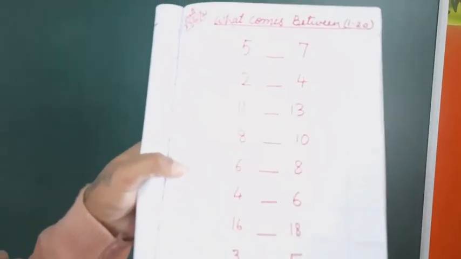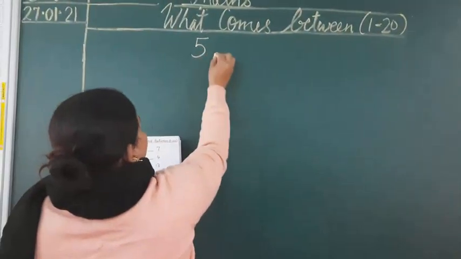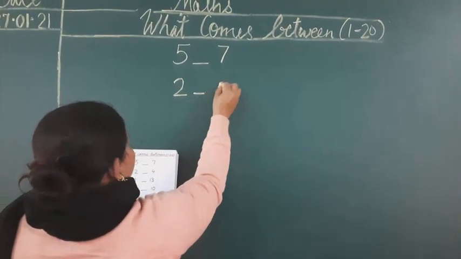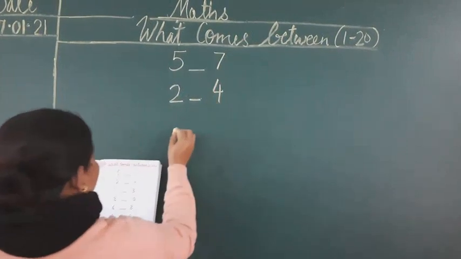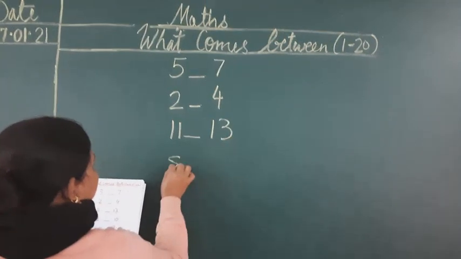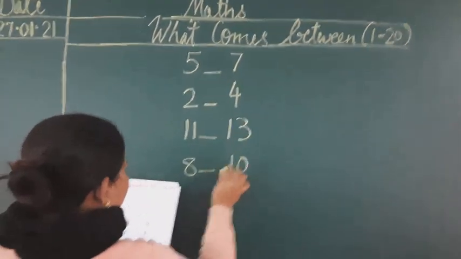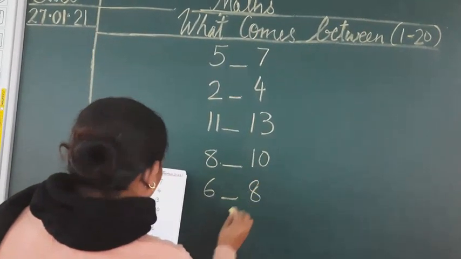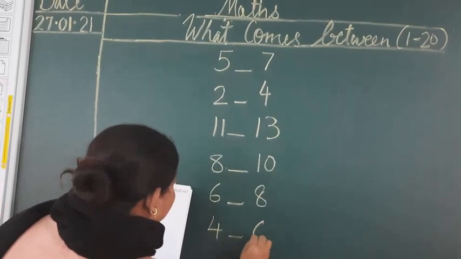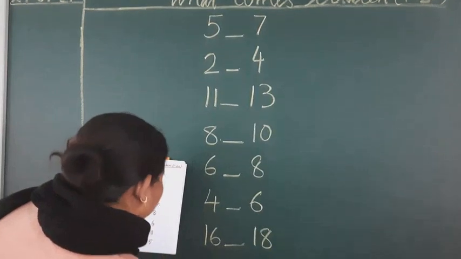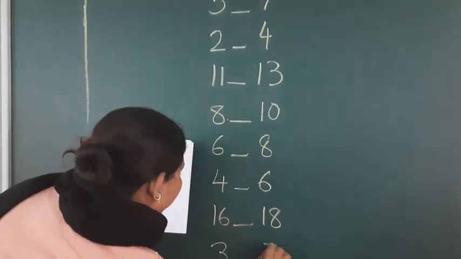Now here I will give you 5 dash 7, 2 dash 4, 11 dash 13, 8 dash 10, 6 dash 8, 4 dash 6, 16 dash 18 and 3 dash 5.